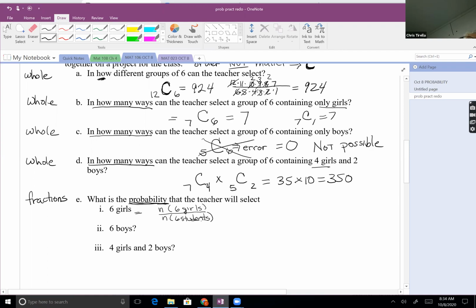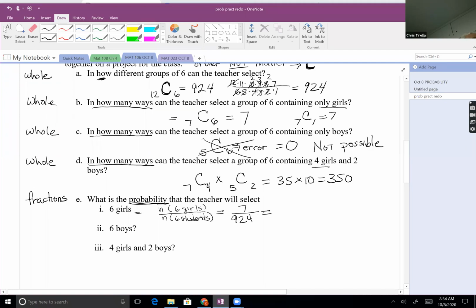And a lot of times with these questions, especially when I did all of those "how many" at the beginning, there's no need to reinvent the wheel. We figured out the number of ways of getting 6 girls. The number of ways of getting 6 girls is 7. And we figured out the number of ways of getting 6 students. The number of ways of getting 6 students is 924.